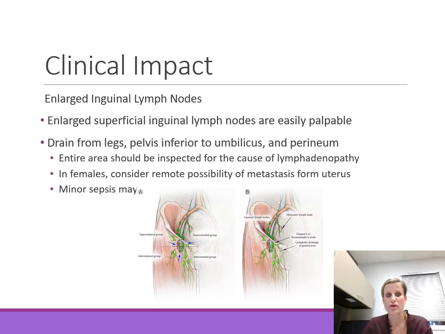So if the inguinal lymph nodes are enlarged and palpable, the entire area should be inspected for the cause of the enlarged palpable lymph nodes. In females, it's important to also consider the remote possibility of metastasis of cancer from the uterus, which is possible. Also, minor sepsis may also enlarge the inguinal lymph nodes.